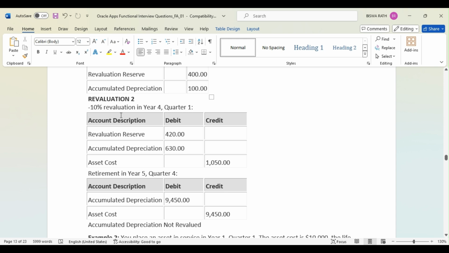Revaluation 2: if you have a 10% revaluation, what will be the impact in year 4 and quarter 1? The revaluation reserve gets credited, and accumulated depreciation gets 630, then you will have asset cost of 1050. And here accumulated depreciation gets the total amount of 9450 to the asset cost account 9450.